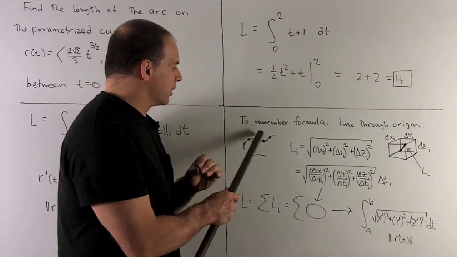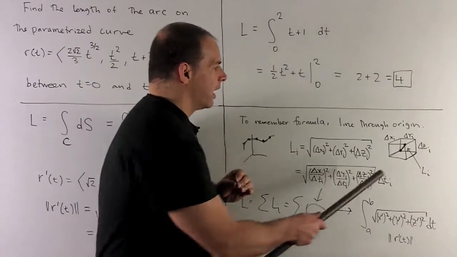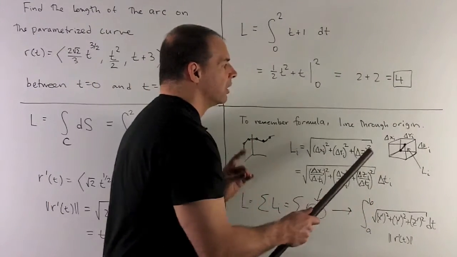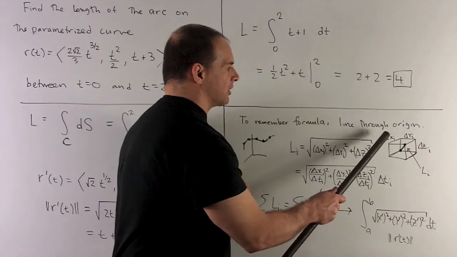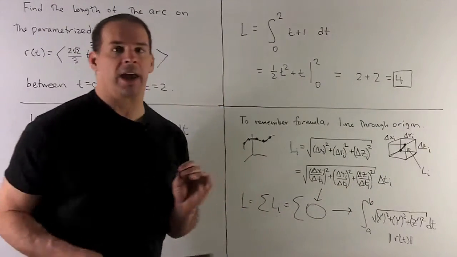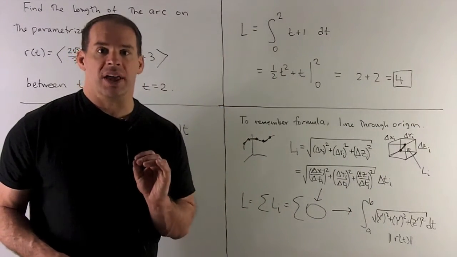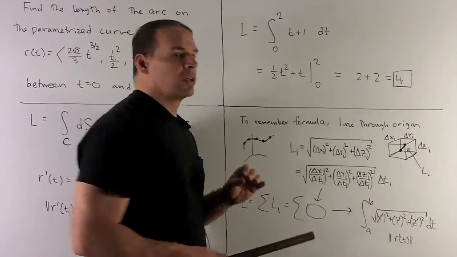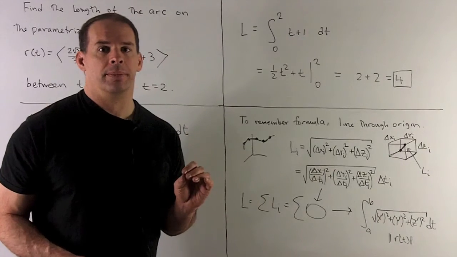Now, if I take one of these little segments, call its length L sub i, then if I put it in a rectangular box, we'll label the box with dimensions delta x_i, delta y_i, delta z_i. L_i is then given by the square root of, take each of those items, square them, and then sum.